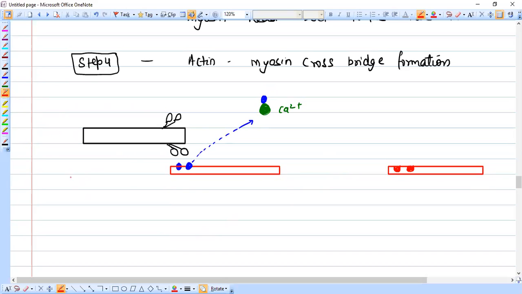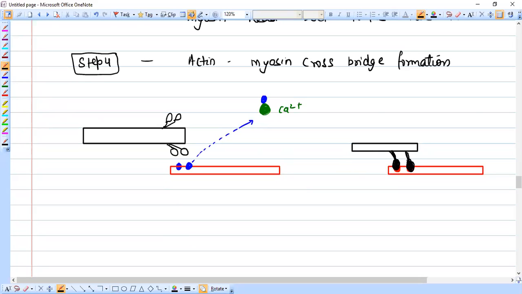And what will happen after this? The head will bind to it, and once the head is binding, it is going to pull it. So the head will come and bind to the active site. Very important point: unless and until there is a calcium ion, the muscles cannot contract.